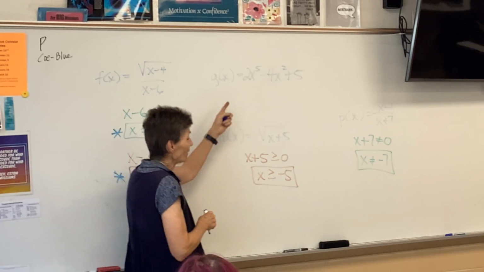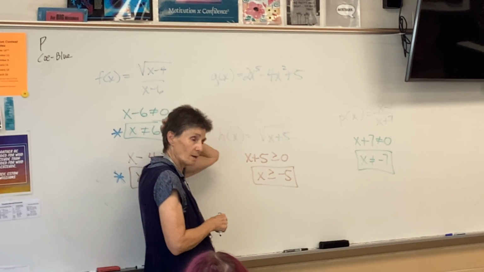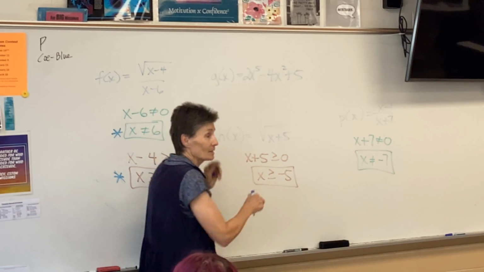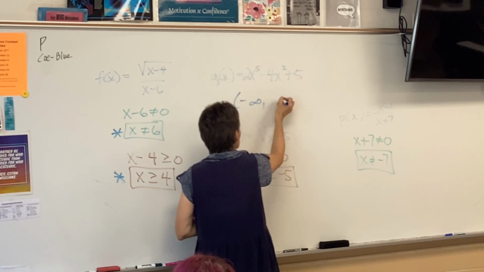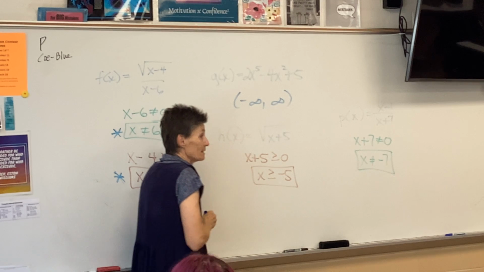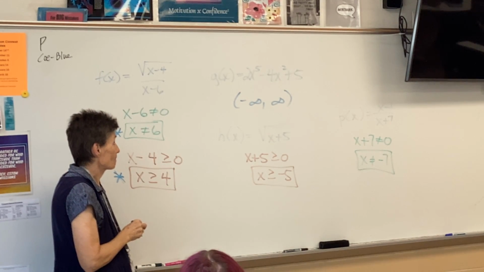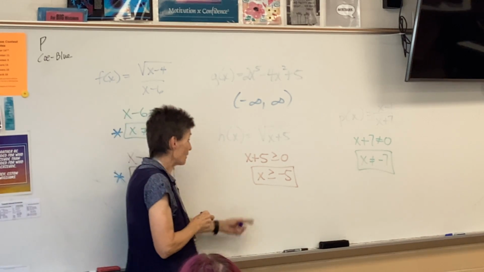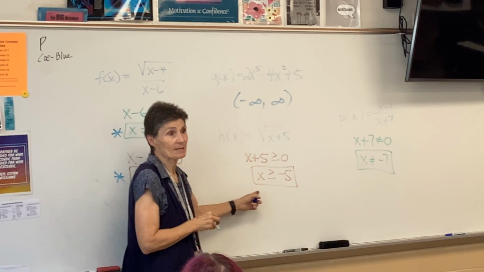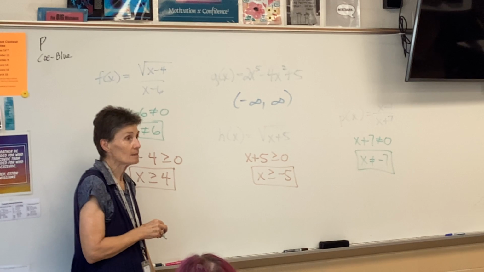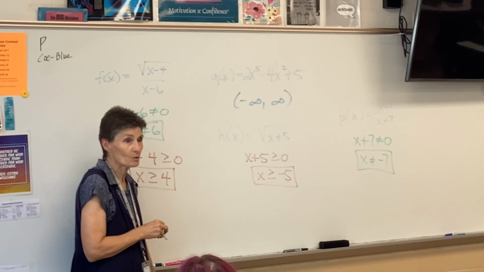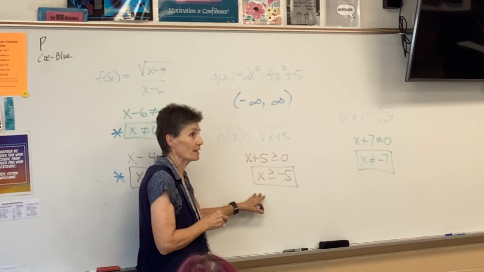What about this one? I don't even have anything written down for this one, so what does that mean? Negative infinity to infinity. That's what you're gonna write in the answer blank. Now this one, if you write that in the answer blank, you're gonna get most of the credit, but if you wanna get full credit, you have to recognize that's an interval right there.